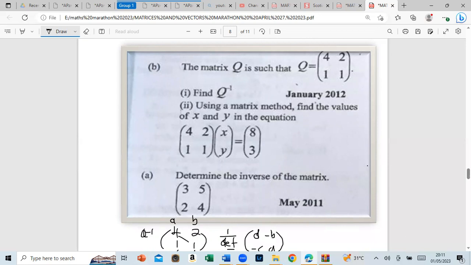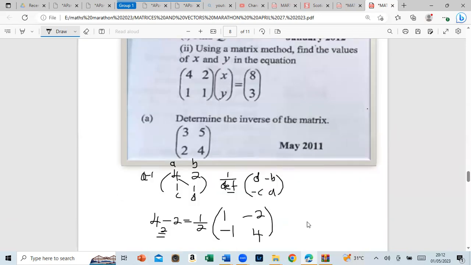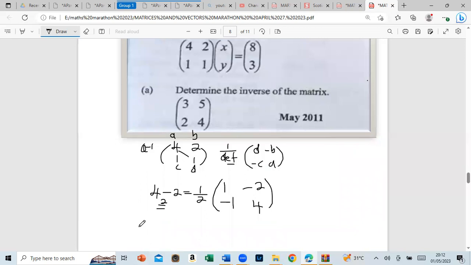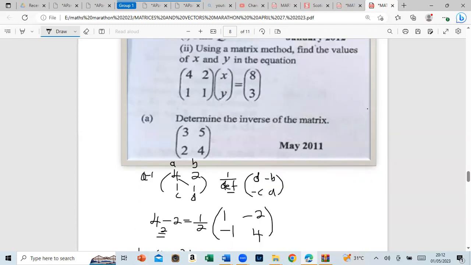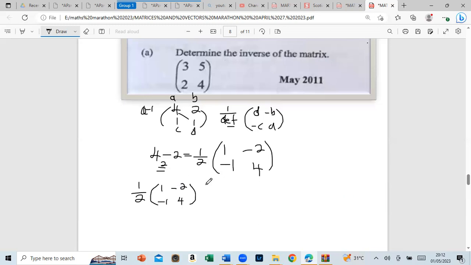So I already have the inverse. All we have to do is first write back the inverse, which is 1 over 2, times the matrix 1, negative 2, negative 1, 4. And we're going to multiply it by this, our 8 and 3. Shortcut version now, guys, but I'm going to do it long.